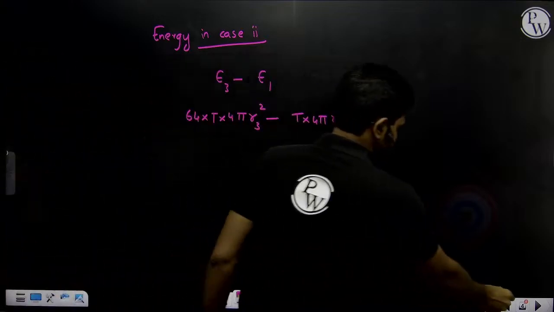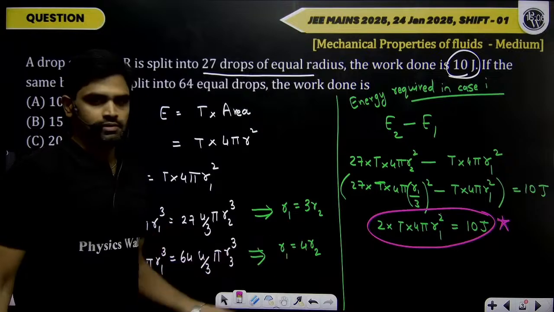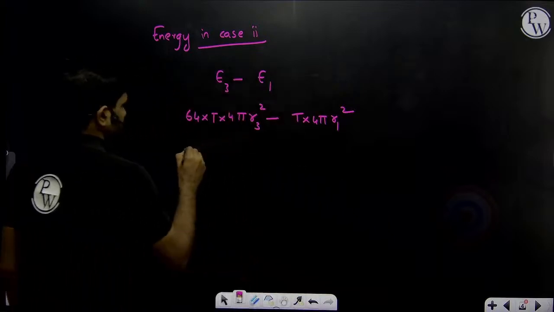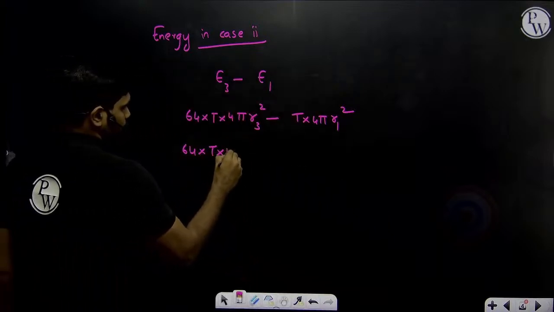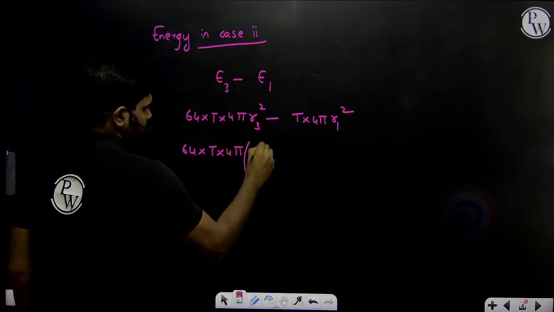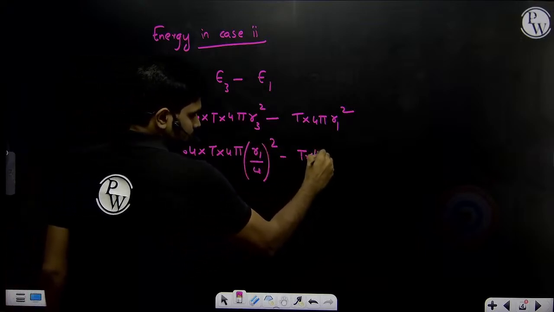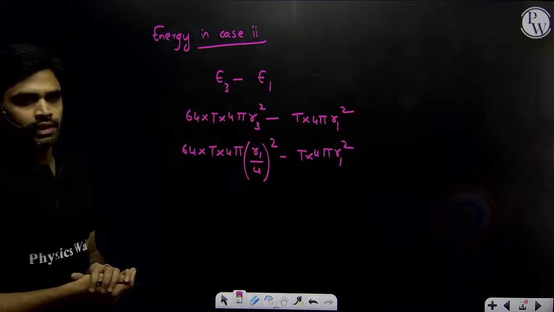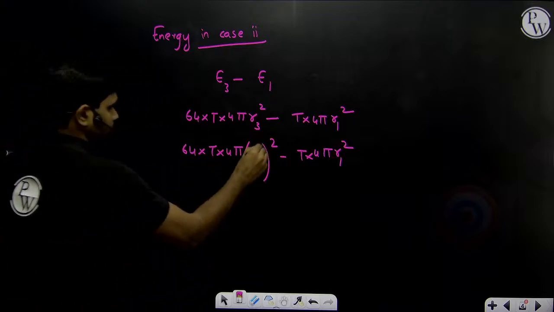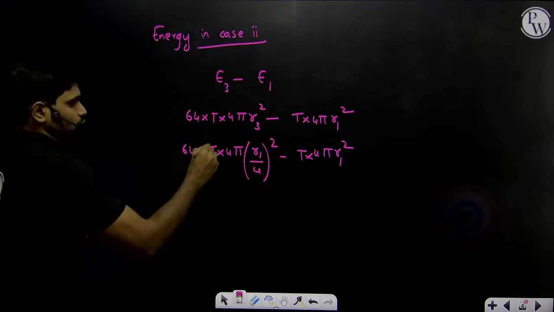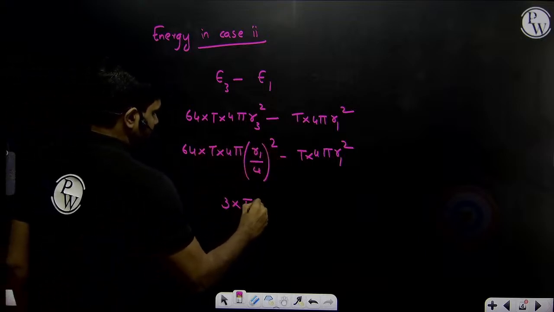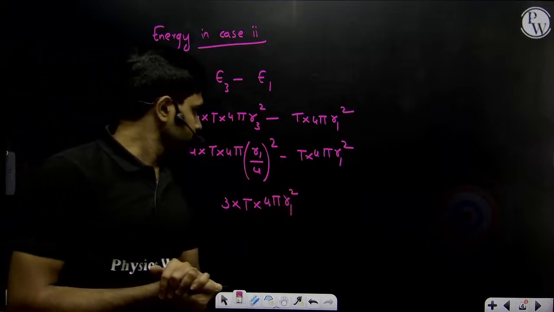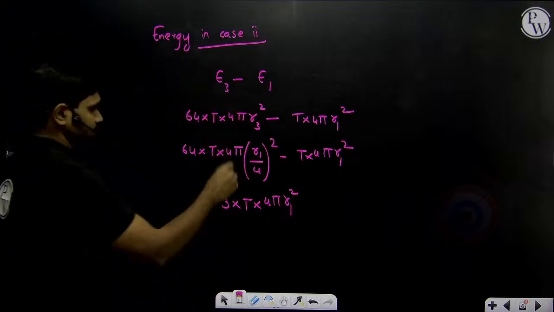But you can see from the previous condition that R1 is 4R3, so R3 is R1 by 4. So 64 into T into 4 pi (R1 by 4) square. Now 4 square is 16, so 4 minus 1 is 3. 3 into T into 4 pi R1 square. That is what we need. This is the energy required in case 2.